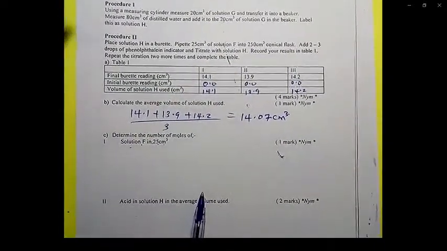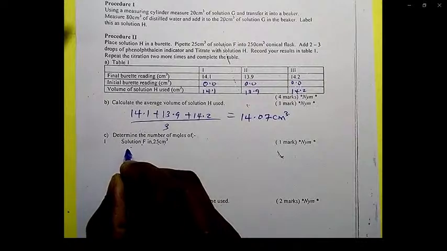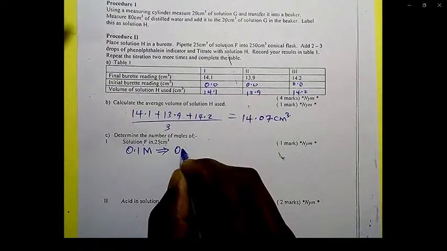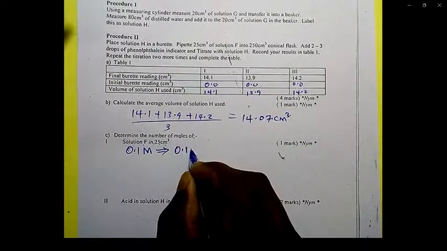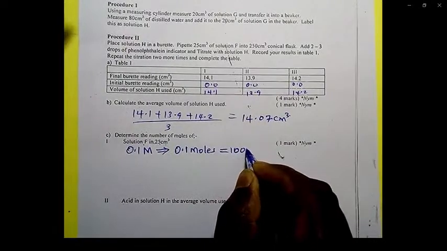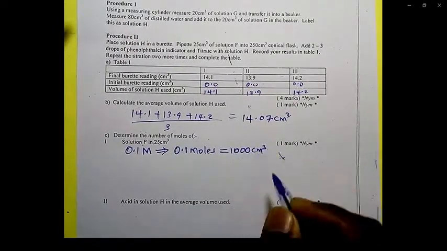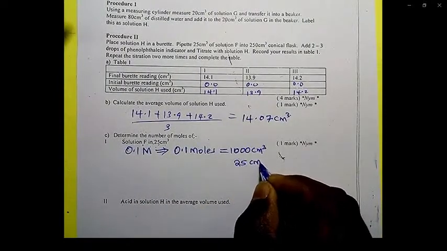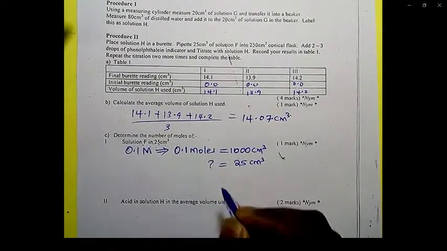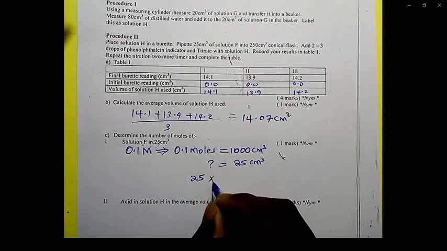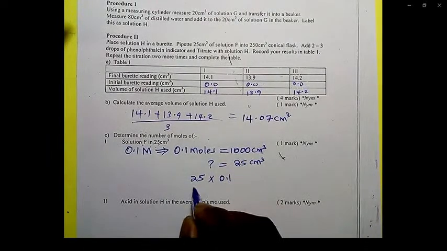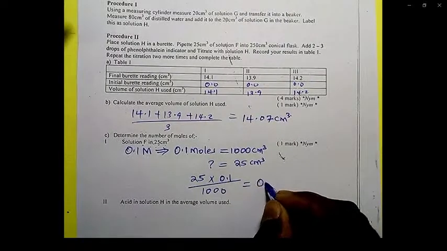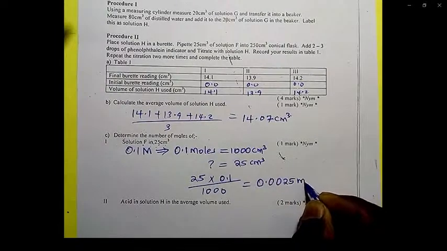So 0.1 M means that 0.1 is the number of moles contained in 1,000 centimeters cube of solution F. So what will 25 centimeters cube of solution F contain? It is 25 times 0.1 divided by 1,000, which will give you 0.0025 moles.